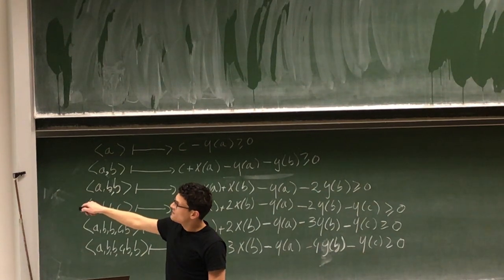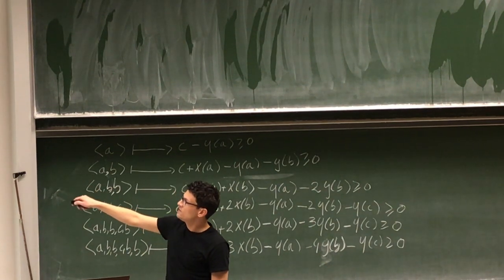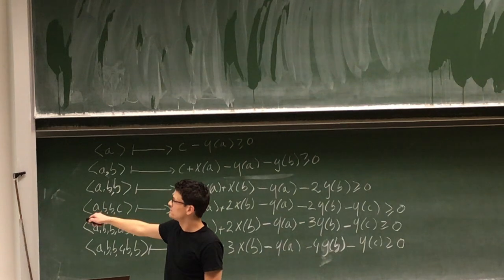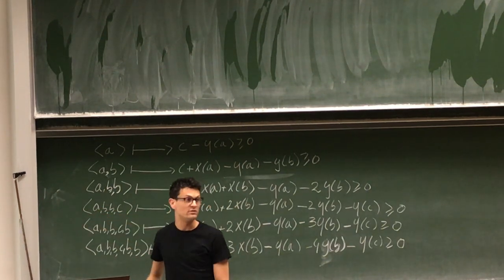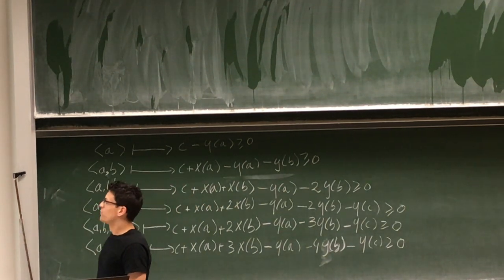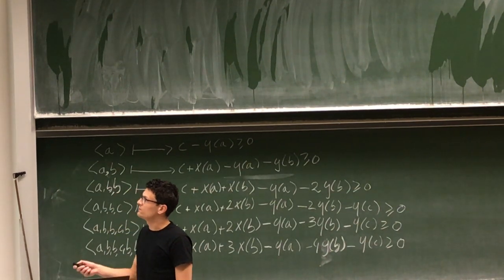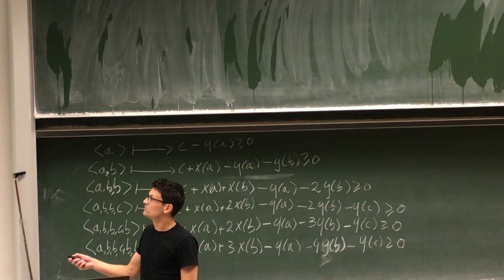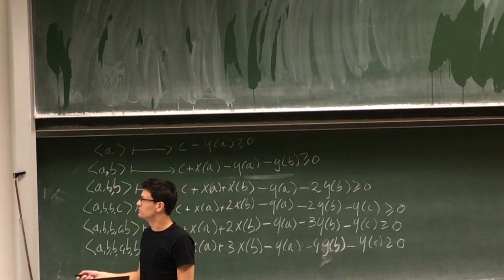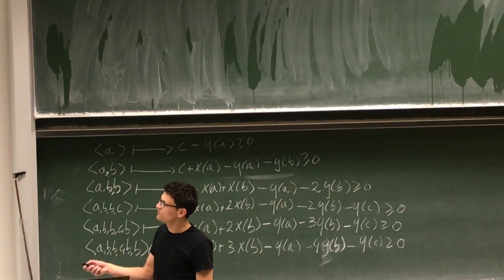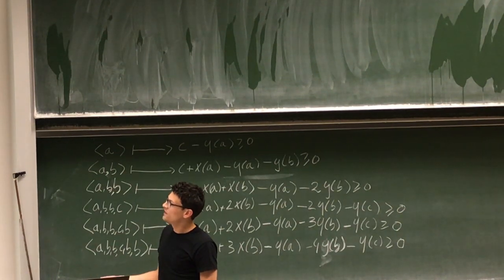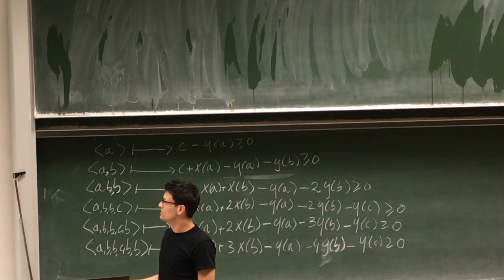Second constraint: c is 1, yb is 0, so 1 minus 0 is 1, greater than or equal to 0. Third constraint, c plus xa minus ya minus yb translates to 1 plus 0 minus 1 minus 0. So 1 plus 0 is 1, minus 1 is 0, minus 0 is 0. This is satisfied. And for the final one, c is 1, xb is 0, ya is 1, yb is 0.